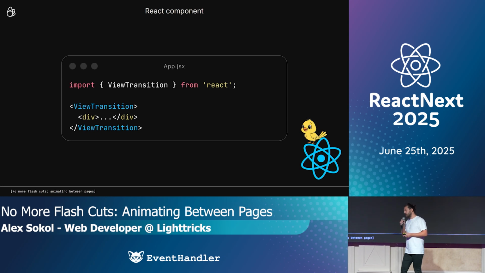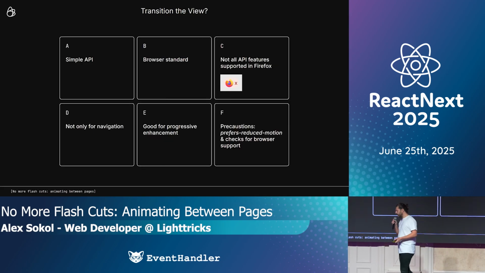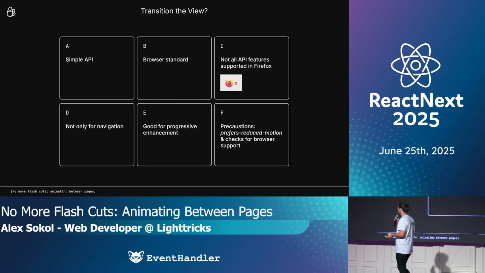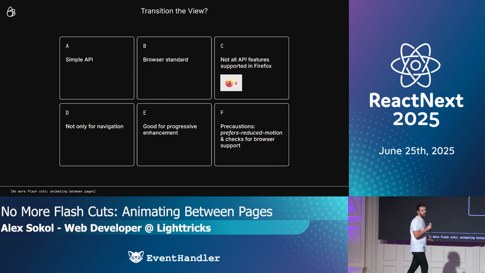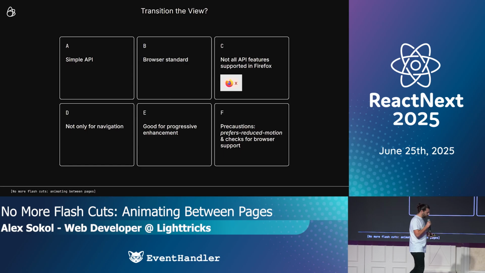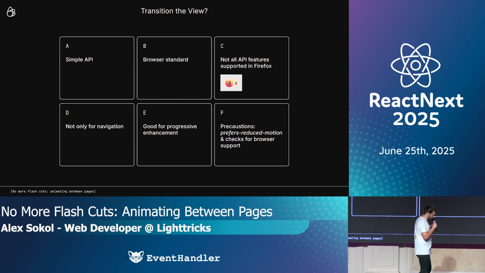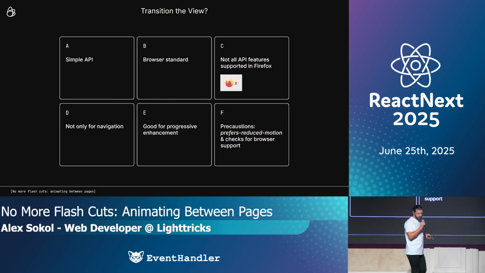But until it is, what do we have on our hands? We have a simple and yet quite powerful API, like all good APIs should be, that is part of a browser standard, even though Firefox is still catching up.